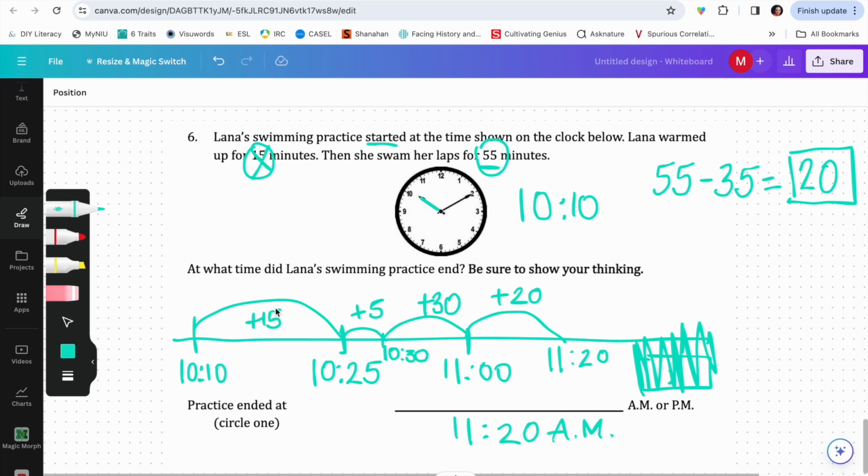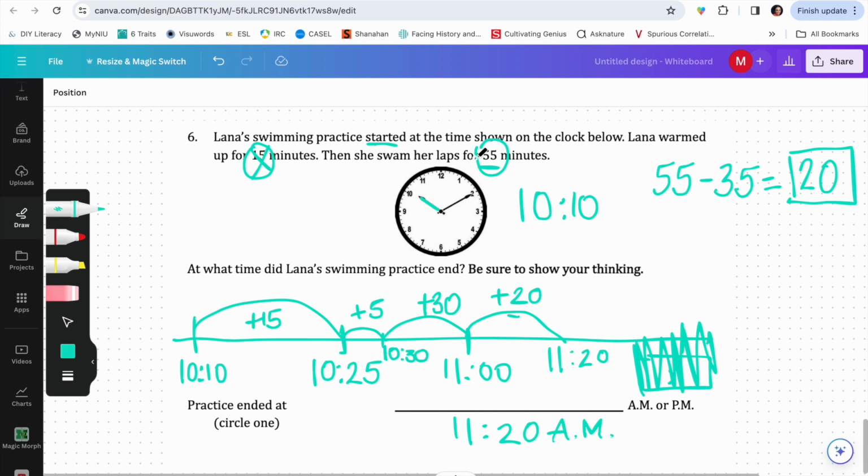We showed a 15-minute hop, and then we decomposed 55 into 30 plus 20, which is 50, and then 5 more. I broke 55 into these 3 hops just so that we could hop around easily on the number line and understand a really clear time for each.